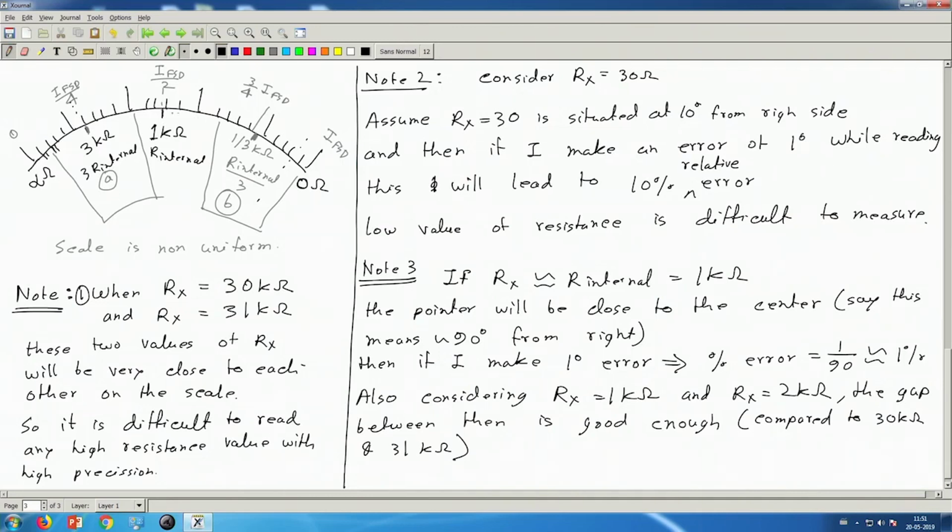Okay, so the central part is the most ideal region, or the best region, where the precision of our measurement will be most, the accuracy will be most. So the conclusion is, the central part of the scale will have best precision or accuracy.